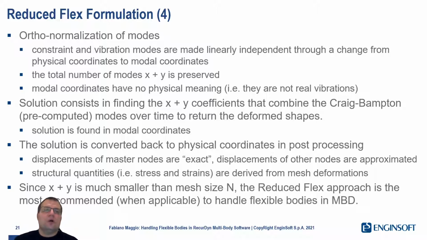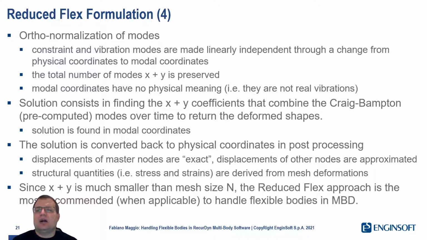A step forward in this reduced flex approach is the orthonormalization. We need to put all the shapes given by the modal analysis, X, and the shapes given by the constraint analysis, Y, in the same matrix, and then we have to make sure that all of them are linearly independent.